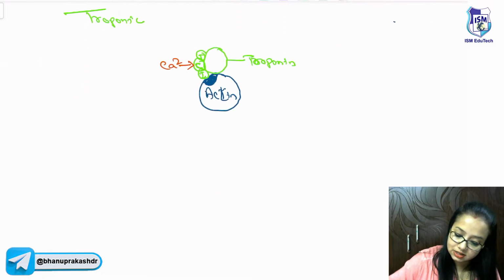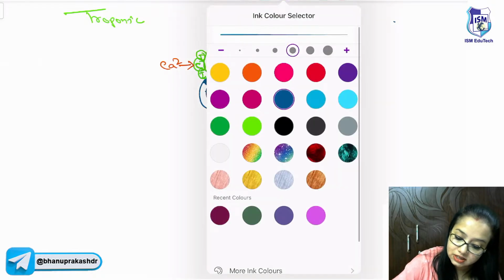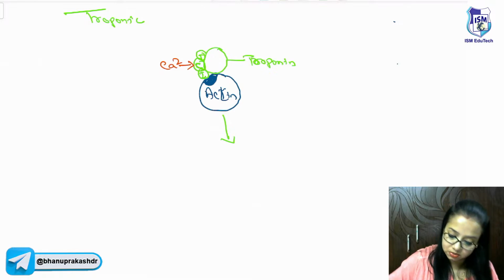Now, as soon as calcium goes and sits on it, there is a conformational change in the whole arrangement.